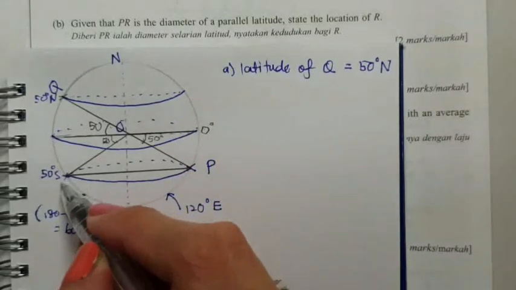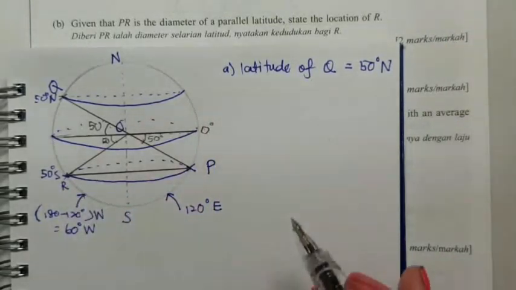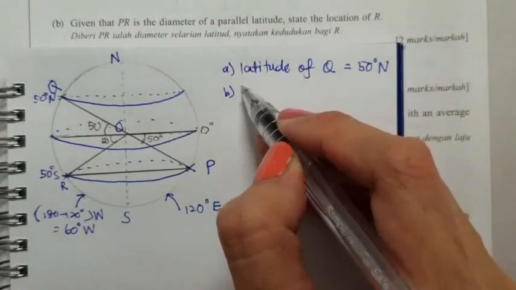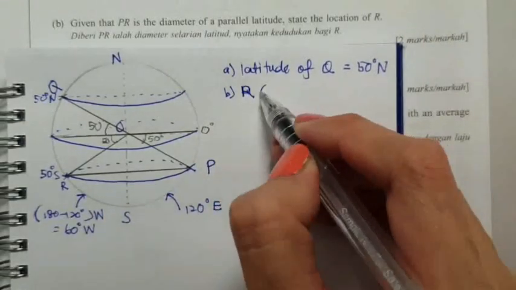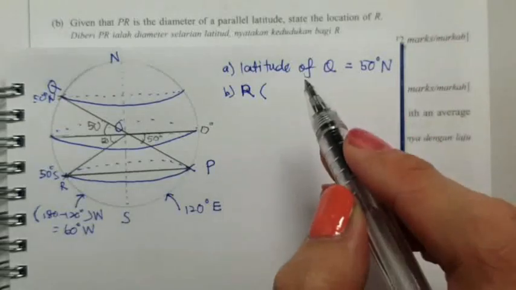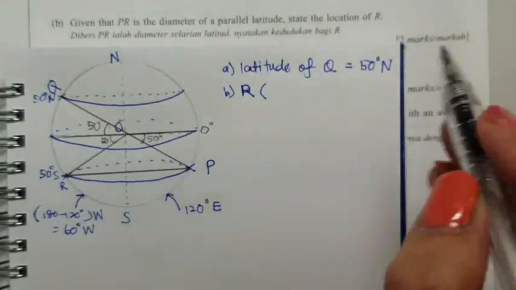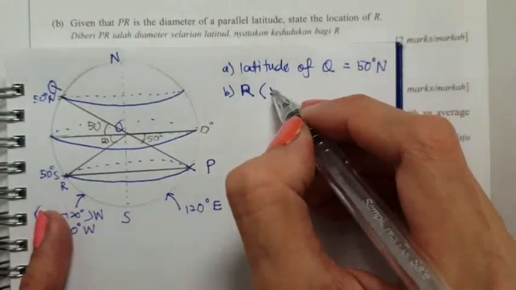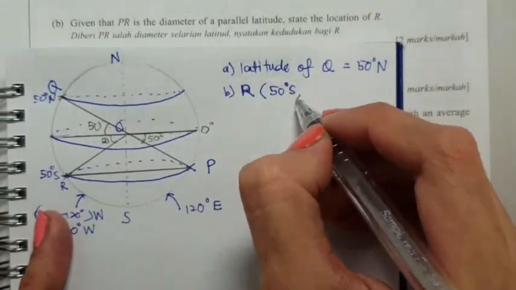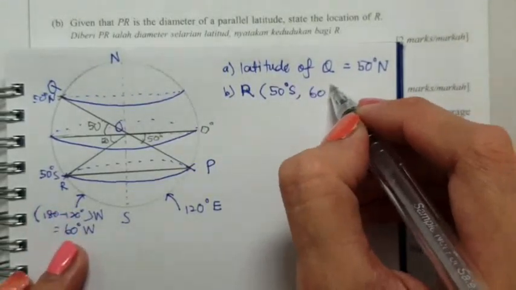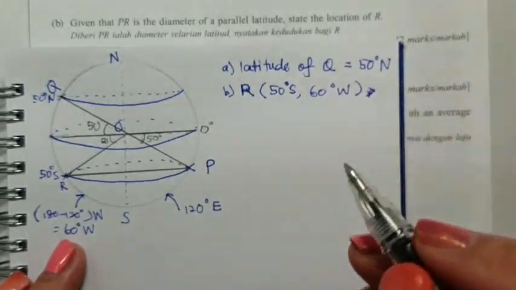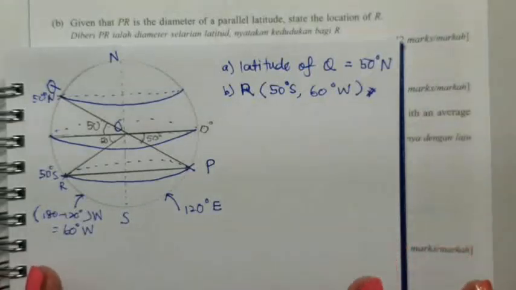So the R will be here. What is the location of R? When we talk about the location, we always say north-south and then east-west. In this case, it's in the southern hemisphere, so it will be 50 degrees south and 60 degrees west. So we have found the position of our R.